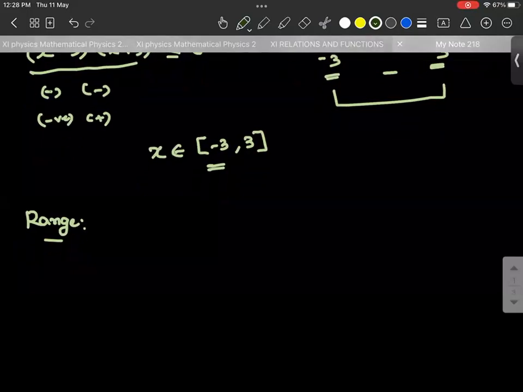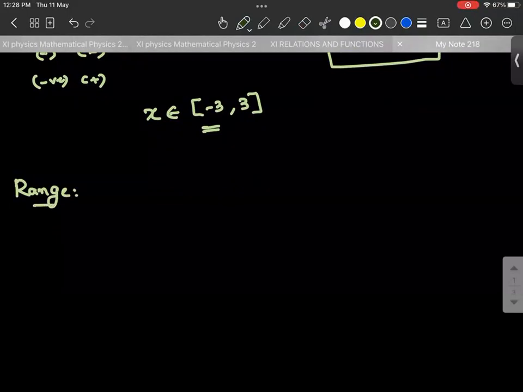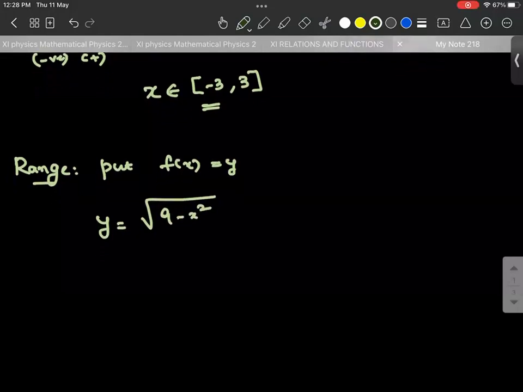Okay. For range, I'm going to explain to you. Listen to this. See, for range, what you need to do is put f of x is equal to y. So y is equal to root of 9 minus x square. This is the first step.